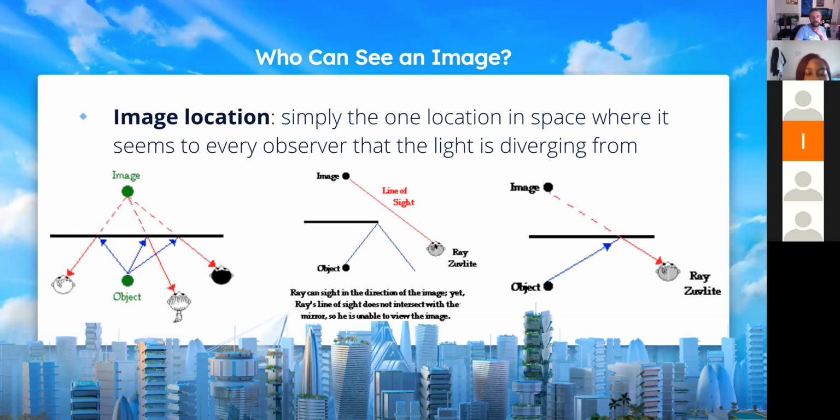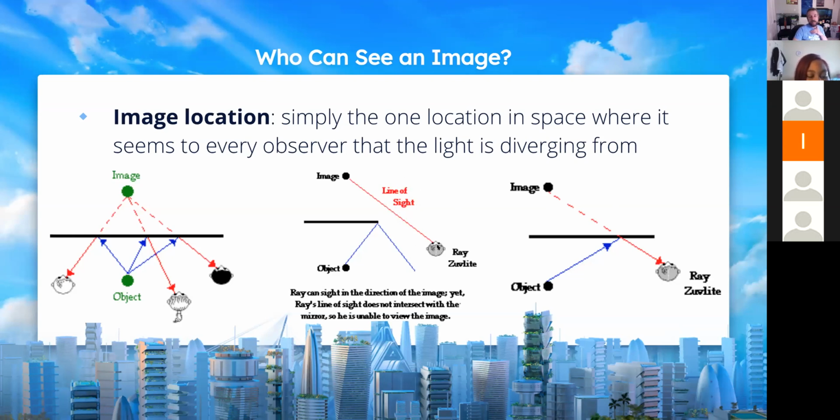If you're at an angle where you can't see an object in a mirror, then you're not going to see the image of that object, okay? So this is something that is obvious, and it's just put in a way that talks about the line of sight that we talked about on Monday.